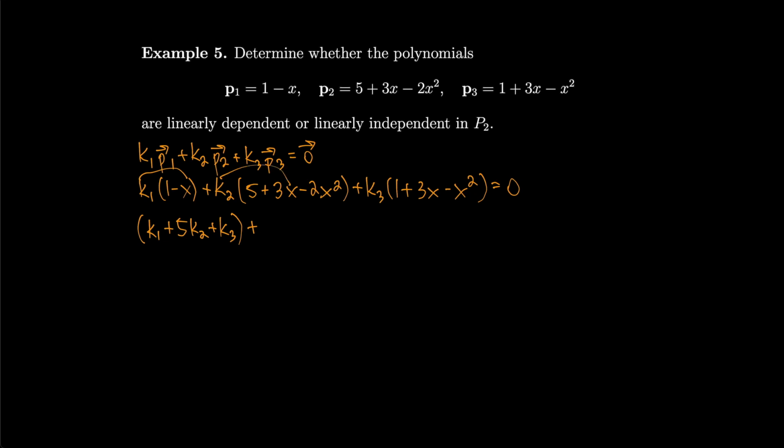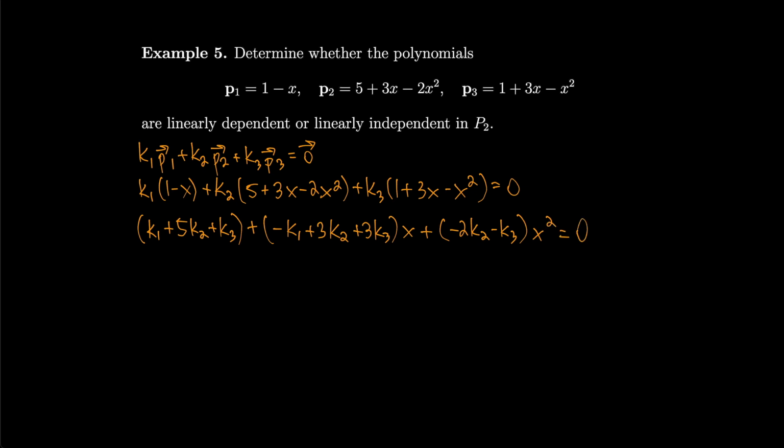So it's the k1 times the minus x, the k2 times the 3x, the k3 times the 3x. So I'll get minus k1 plus 3k2 plus 3k3, just factor out the x, and then I'll group together all the x squared terms, so that's just minus 2k2 minus k3 times x squared. So that should equal 0.